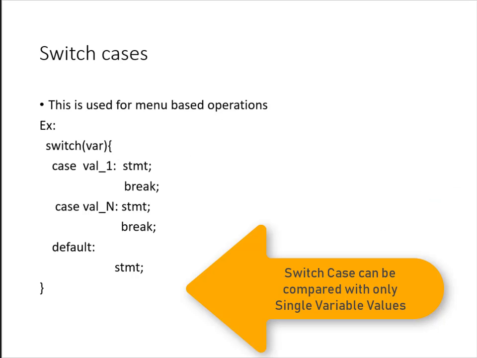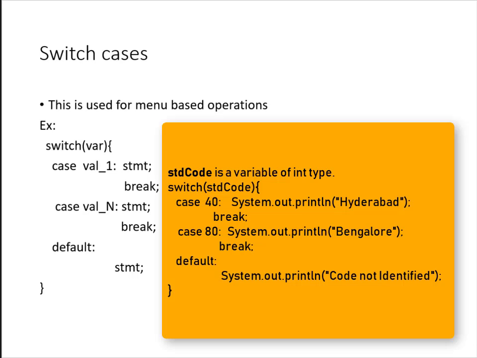Now let us see the approach of switch cases with respect to our coding plan. Once again, I would like to repeat the state code, that is STD code, which we can cross check. Using switch as a keyword, passing the parameter as the STD code entered by the user. We use a case value of 40 that returns the message the state belongs to Hyderabad.